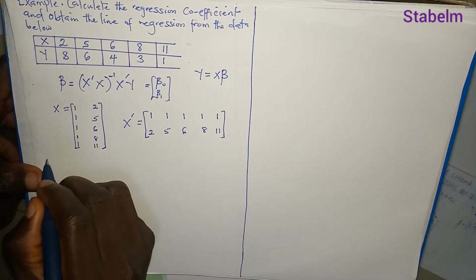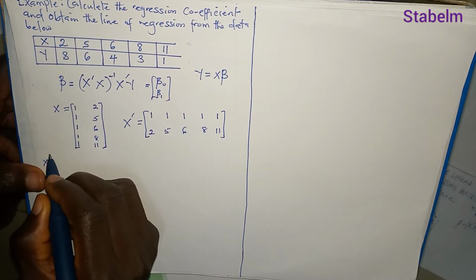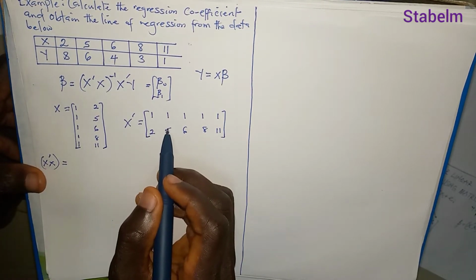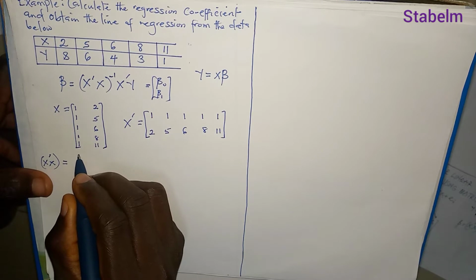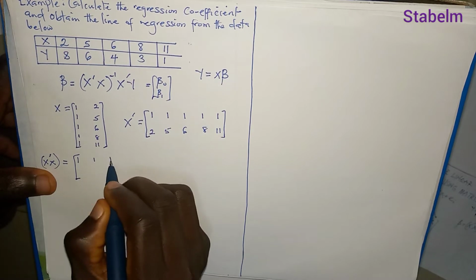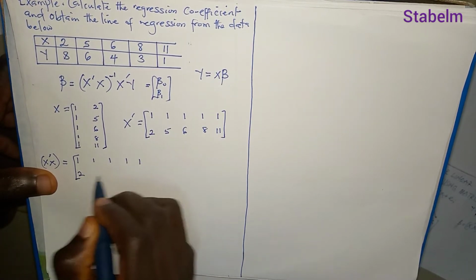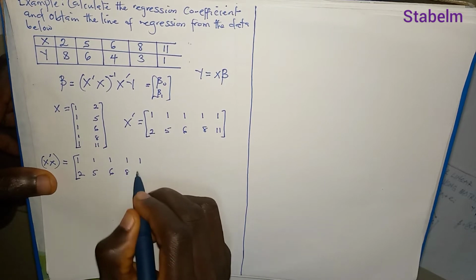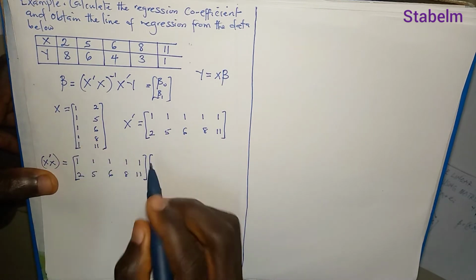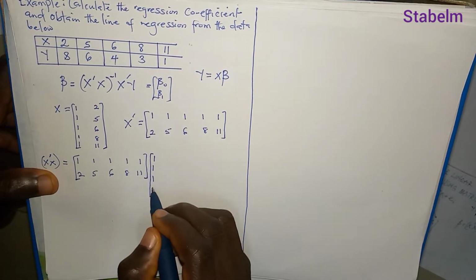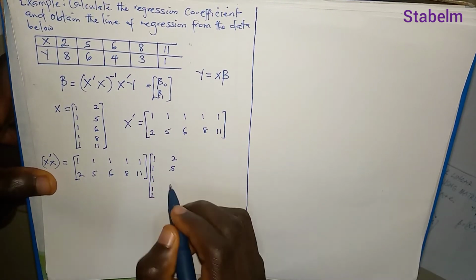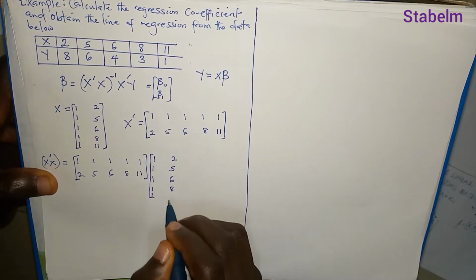X prime x equals multiplying this by this: 1, 1, 1, 1, 1, 1, 2, 3, 4, 5 multiplied by the matrix x, which is 1, 2, 3, 4, 5 and 2, 5, 6, 8, 11.